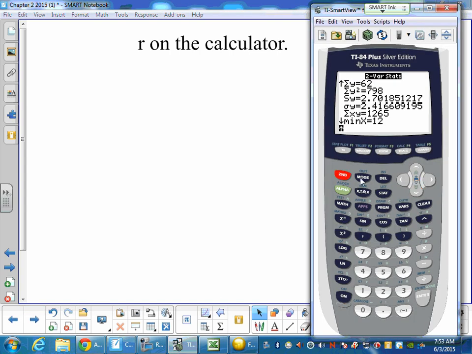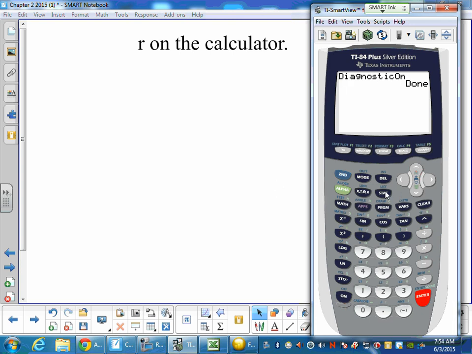So what we do first, every time you change your batteries, you have to turn on your diagnostics. So second catalog, and then just hit D or page down to the D's and go to diagnostics on, which I skimmed right by. Hit enter, enter, and now your diagnostics are on.